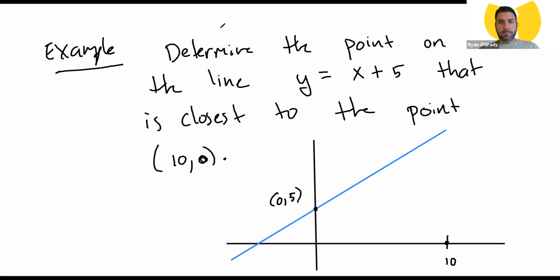Maybe I'll extend this. This is the point 10, 15. Again, this isn't to scale. So here's the idea. We have this blue line and this point down here, the point 10, 0.